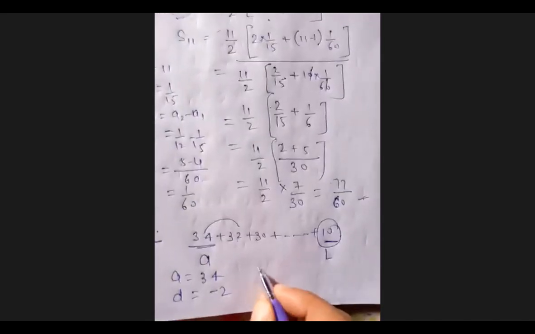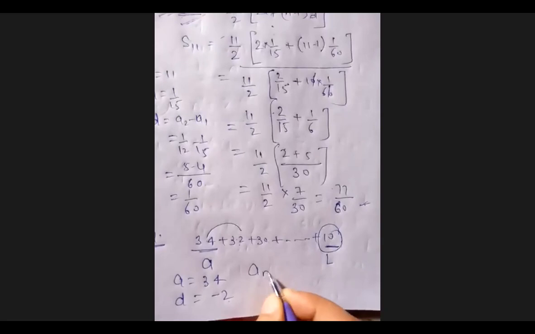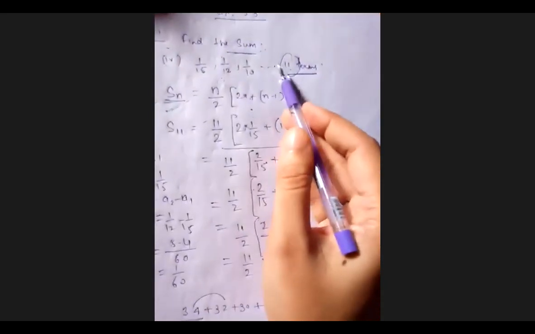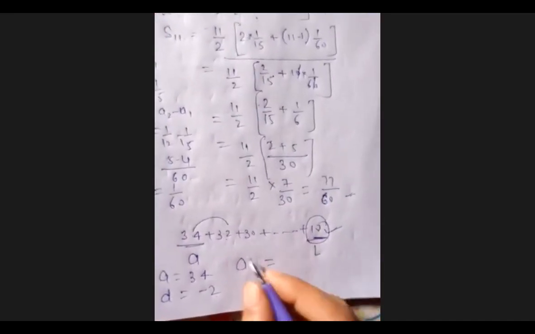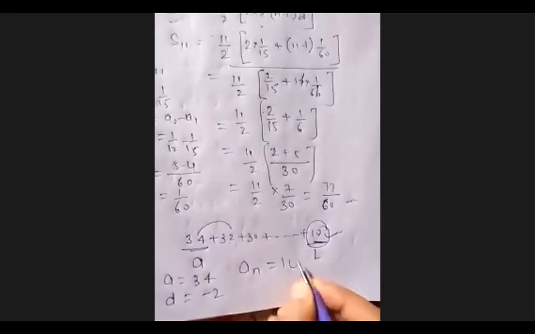And what is your last term? This is your an, because this is your last term. You have to find the sum till 10. In the previous question there was no last term, but in this question the last term is given. So you can assume this as an, and an is 10. So in this question, firstly you will find the value of n, because without finding the number of terms, how could you find the sum of this AP?